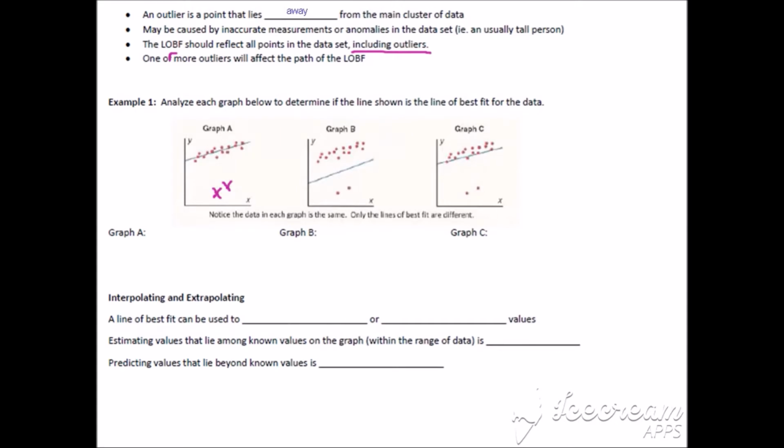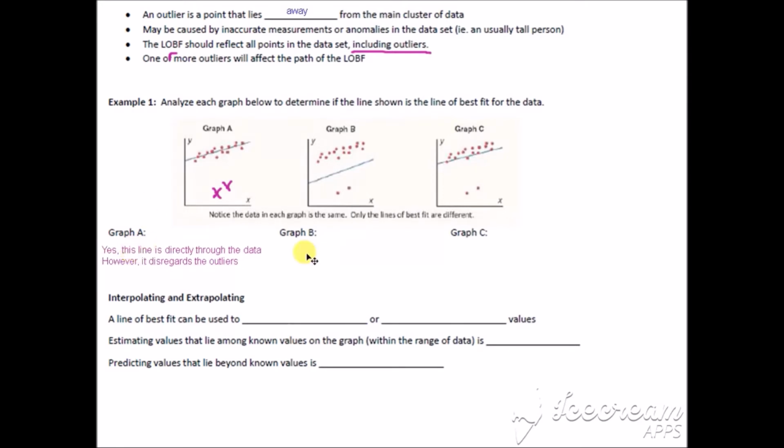So yes, this line is directly through the data. However, it disregards the outliers.